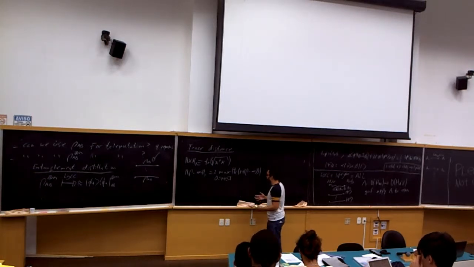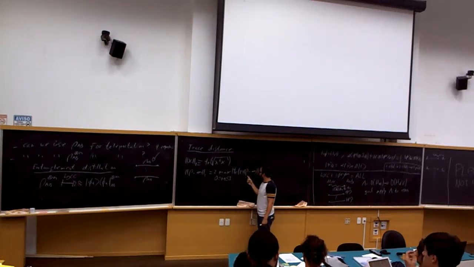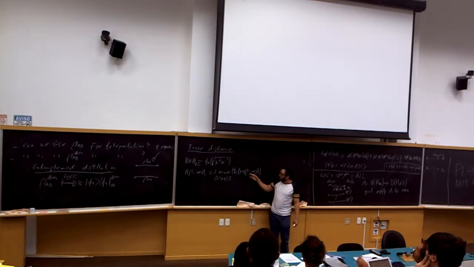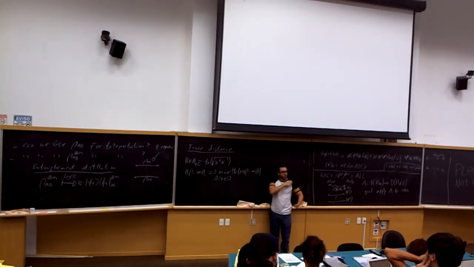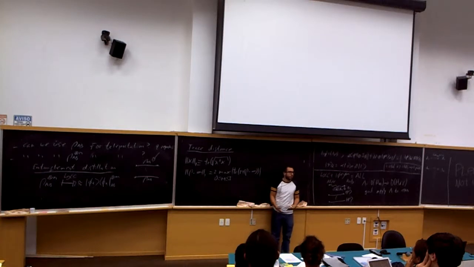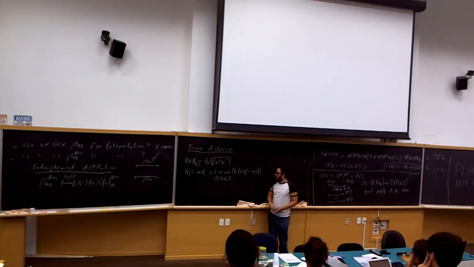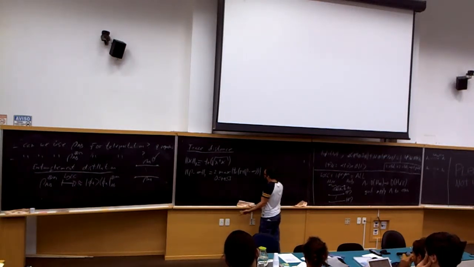And this is very nice because this gives operational meaning to the norm. What this says is that suppose you have a game where you don't know if you have rho or sigma. You have one of the two, you prepared one of the two in the lab, but you have no idea which one. Now you want to make a measurement to distinguish. Because there are only two possibilities, a measurement with two outcomes is enough.